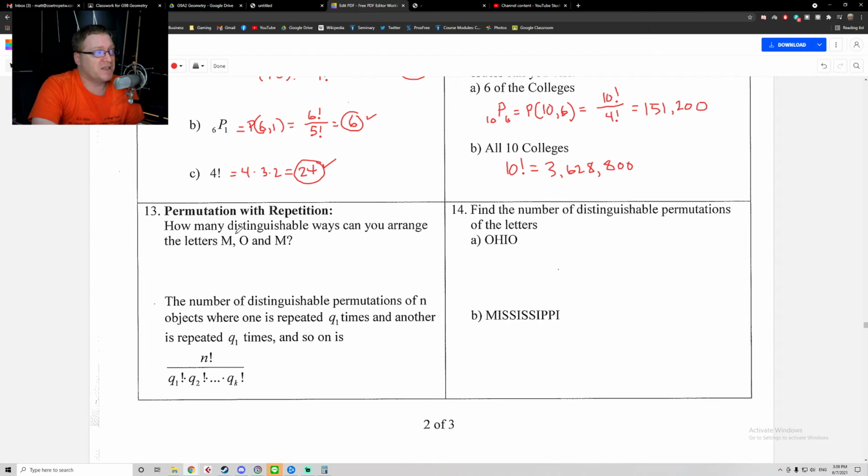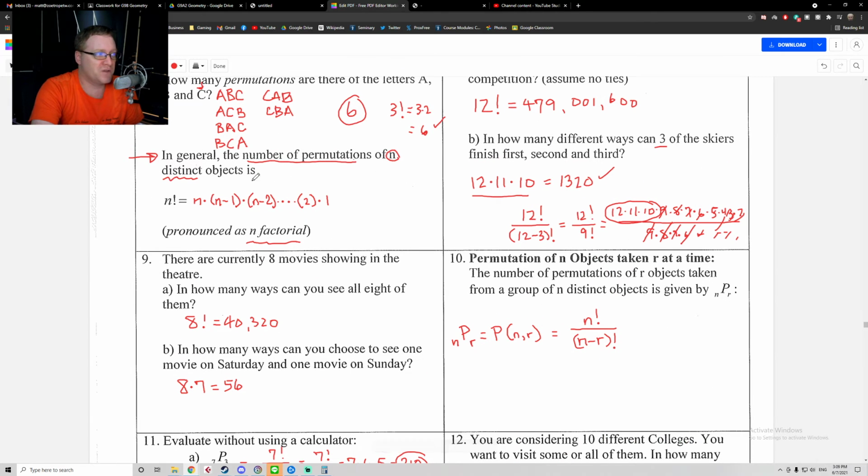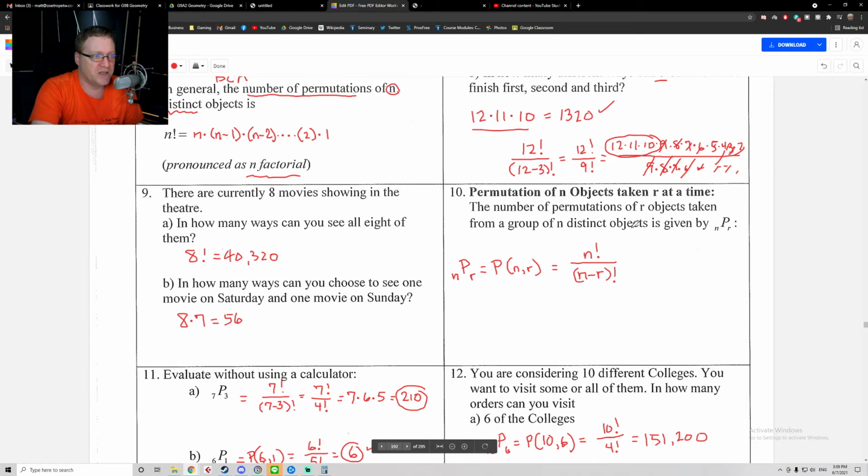All right, next. This one asks us, how many distinguishable ways can you arrange the letters M-O-M? Now, in this case, we have repeating letters. Remember up here, this formula only works if we have distinct objects.